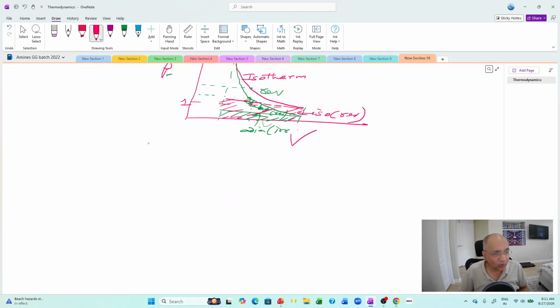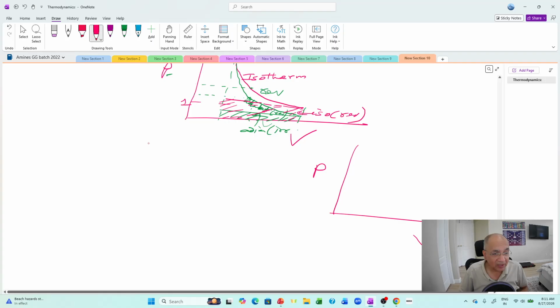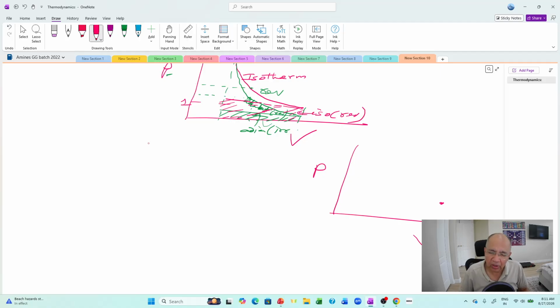Similarly, if you look at compression, people commit a mistake here. Start from a higher volume and go to a lower volume. That is compression. Or start from a low pressure, go to a high pressure.